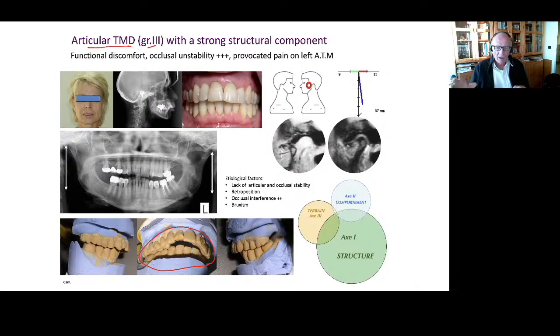Sometimes it is enough, because occlusal treatment in this case is not simple, and it is a difficult decision.